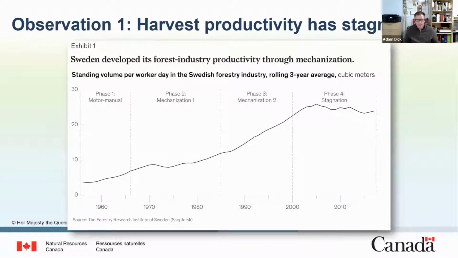In phase 3, mechanization 2, Sweden's productivity increased 300% in 25 years, real big gains. And then since about 2005 or so, productivity really hasn't increased, as measured by standing volume per worker day in the Swedish forest industry. I'm curious about the x-axis and the y-axis there, whether those numbers are relevant, or whether people are experiencing the stagnation in productivity.